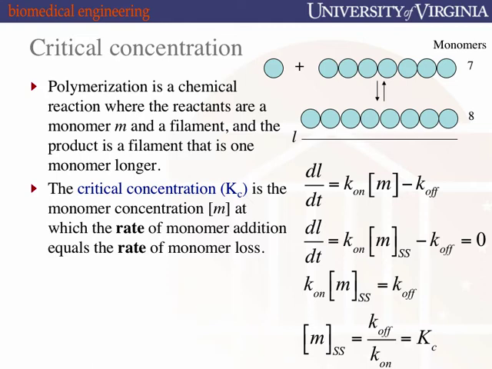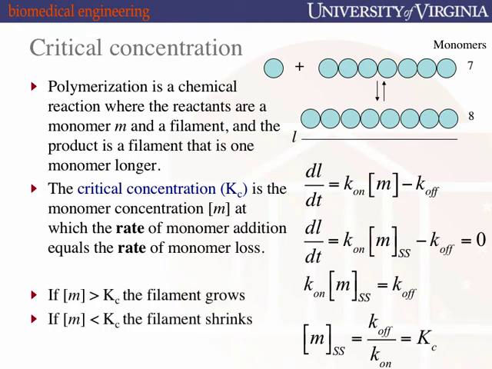So K off over K on. Or you might see this as the Kd, the dissociation constant, over the Ka, the association constant. Okay? This concentration of monomer is known as the critical concentration.